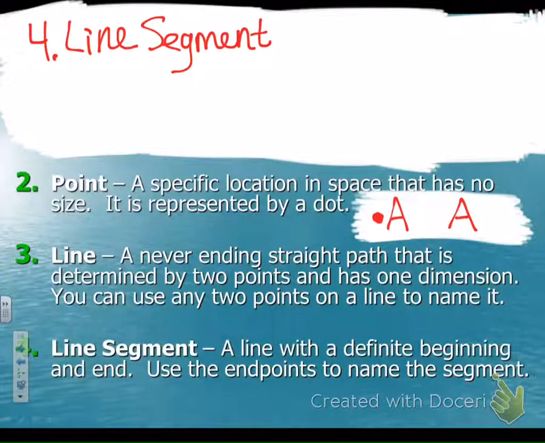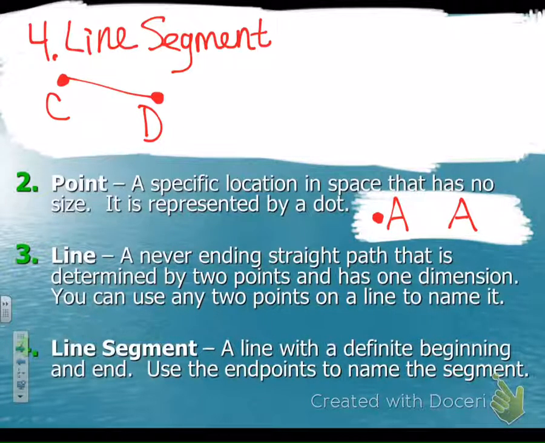Okay, for number 4, line segment. It is very similar to a line, however, it has endpoints on both sides instead of arrows. So I'll name this one segment CD. So here is our diagram. Also, there's no little italicized lowercase letter by it, just the endpoints.